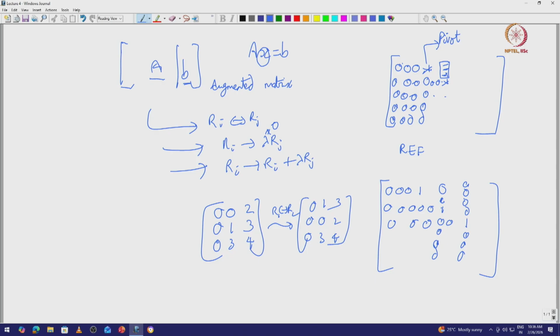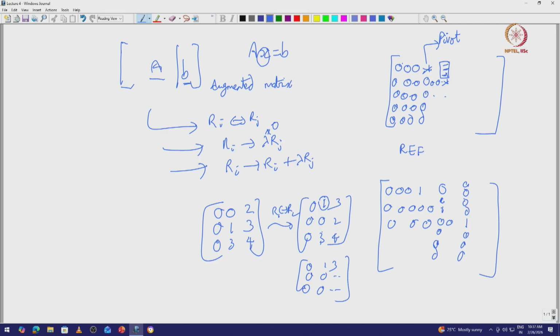Sometimes it's good to interchange rows so that the pivot in the first row is a number that's neither too large nor too small, because you want to divide by it. On computers, if you divide by things that are too small or too large, you can have problems. So that's one thing, and then you clear everything below this by means of row operations. So you get something like this.